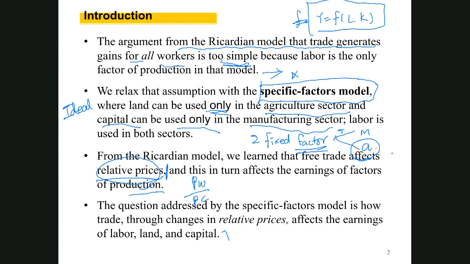After the trade, the relative price or the opportunity cost of the goods will change. And we further figured out that the wage in two different industries in different countries will be different too. So this specific factor model actually extends that perspective from the Ricardian model a little bit.